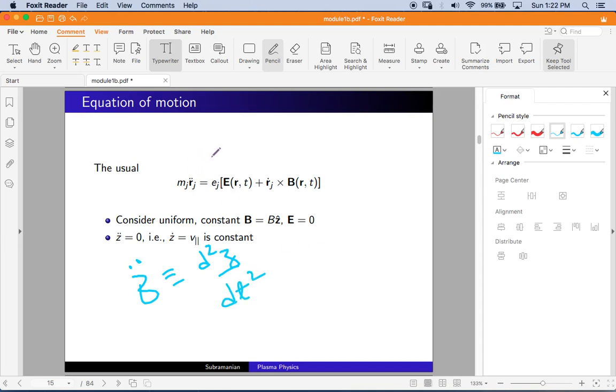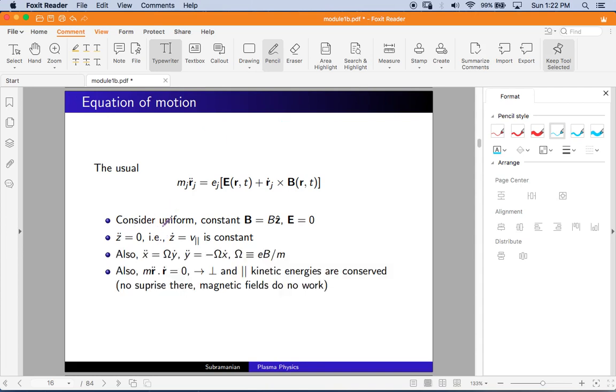Also, d squared x over dt squared is omega times dy/dt, and d squared y over dt squared is minus omega times dx/dt, where omega is the gyro frequency.